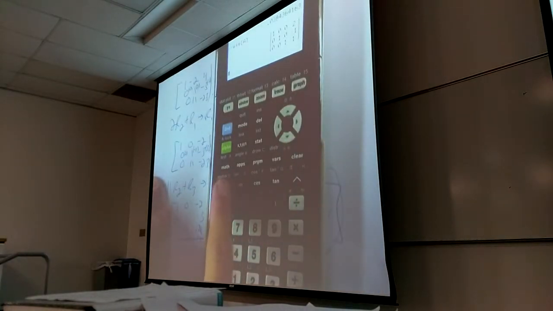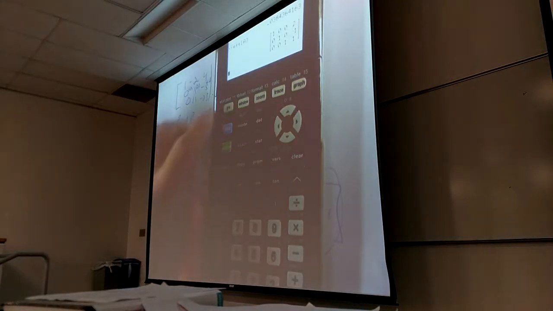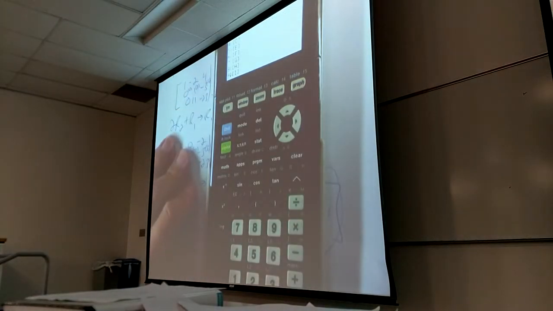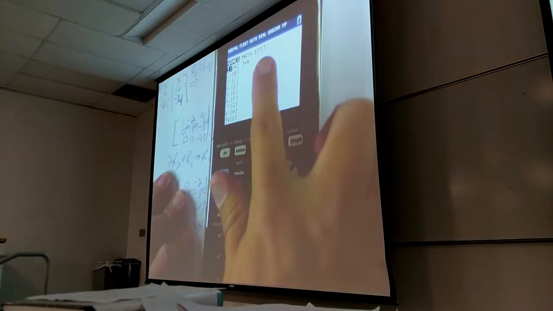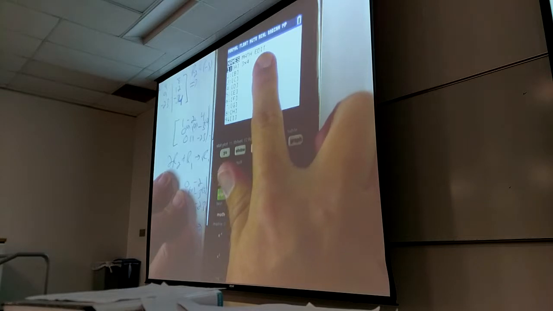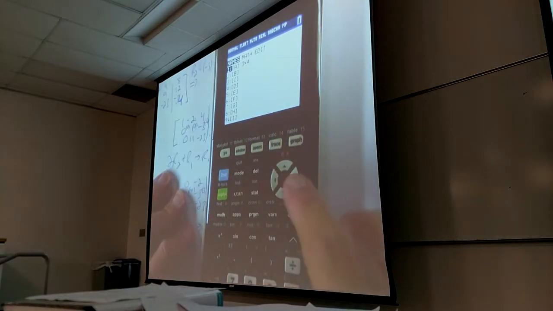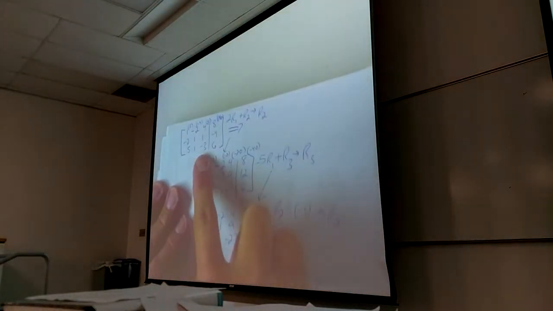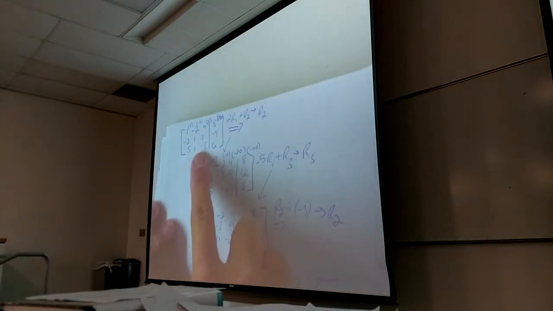So the key button is right above x to the -1. It's matrix right there. So you hit second, that button. Go to edit. It's 3 by 4. How many rows in this matrix?